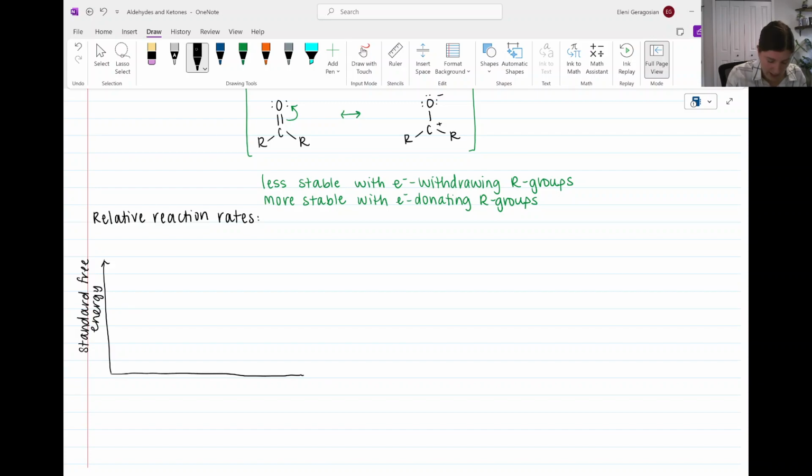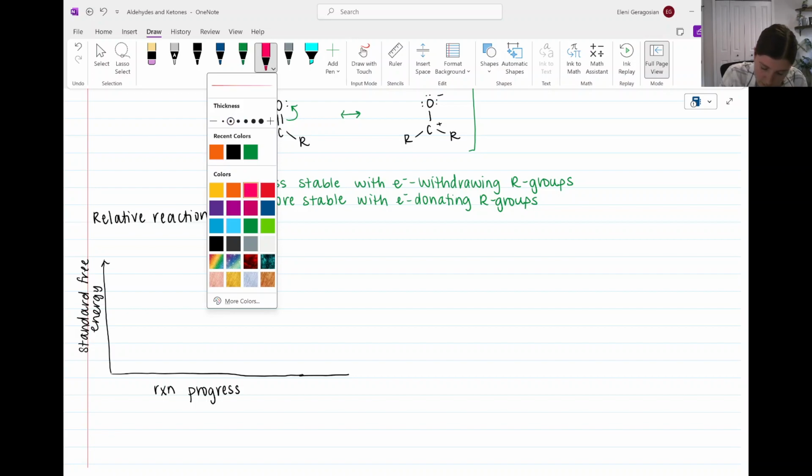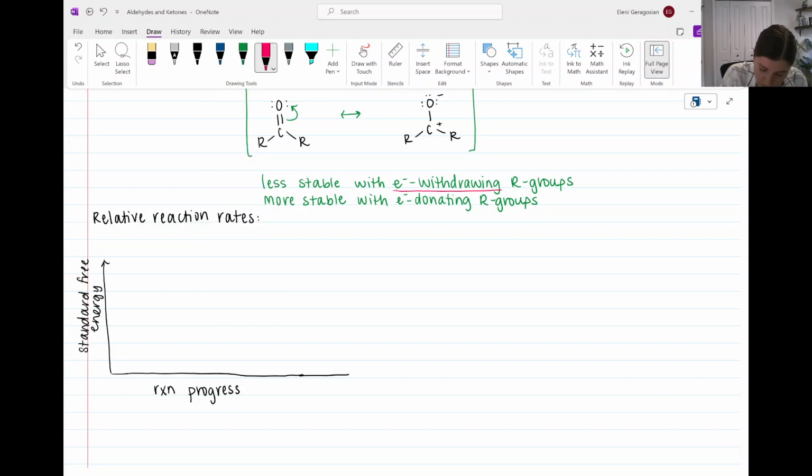And then reaction progress on the x-axis. And we'll compare, let's use this pink color for electron withdrawing R groups, and then we'll use blue for electron donating R groups.